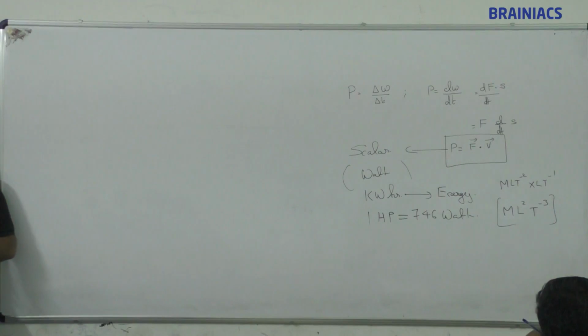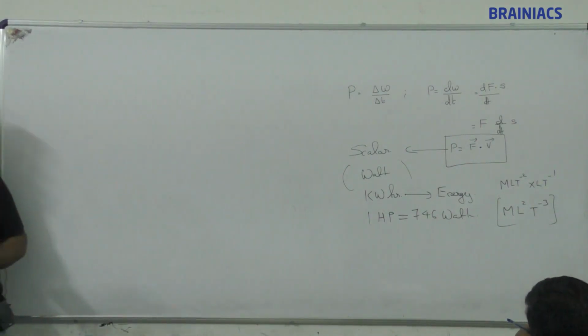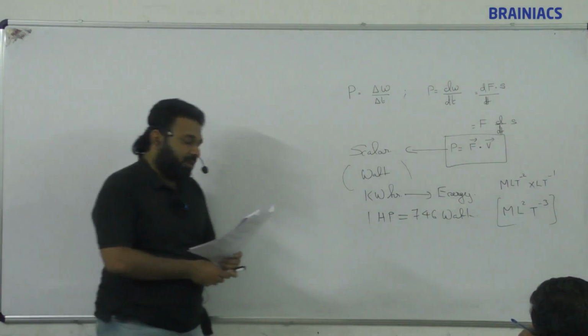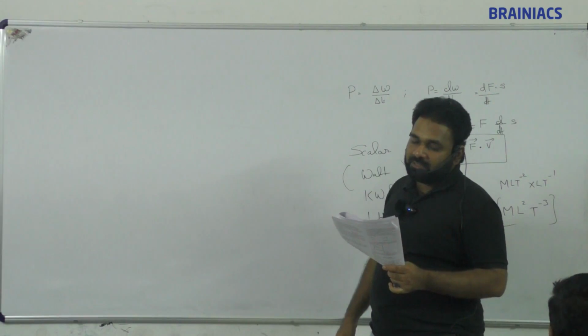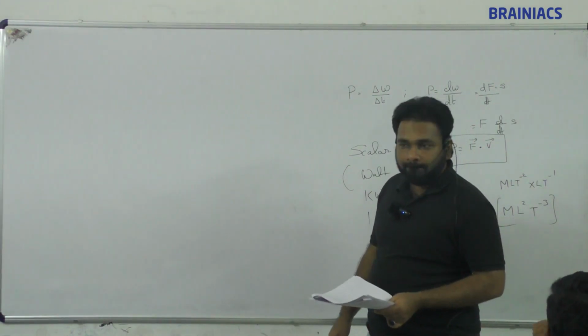So the car has mass m, driven with acceleration a. Then there is a resistive force also, let it be friction or air resistance, whatever it may be. Now if the velocity of the car is v, what is the rate at which the engine of the car is doing work?